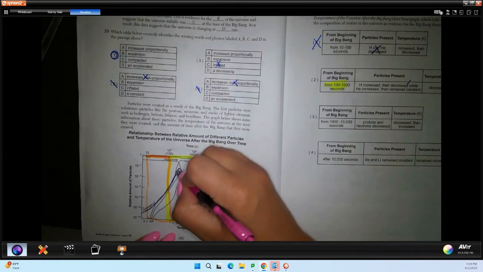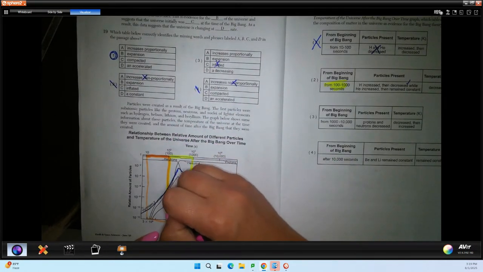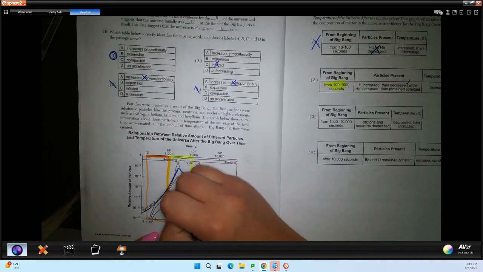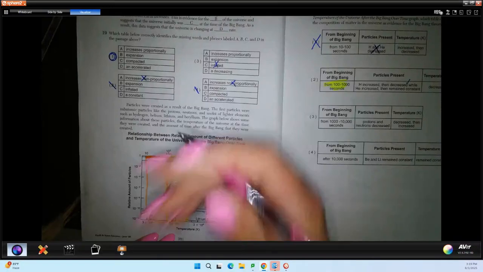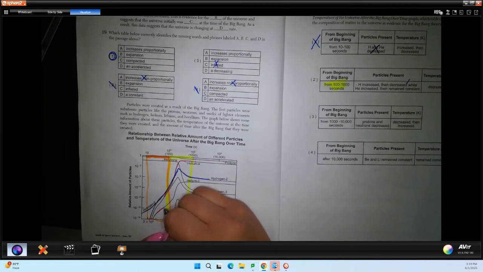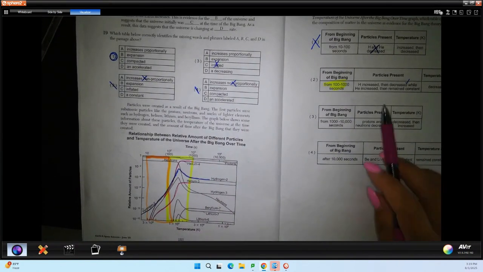Okay, so I'm going to highlight that in pink. So He, so helium. So I have helium-4, which appears to be this line here. And I have helium-3, which is this line here. So I'm going to check that they both do the same thing that this stated here.